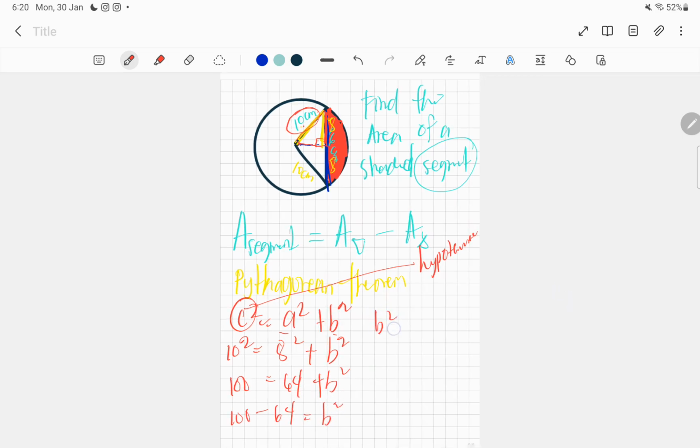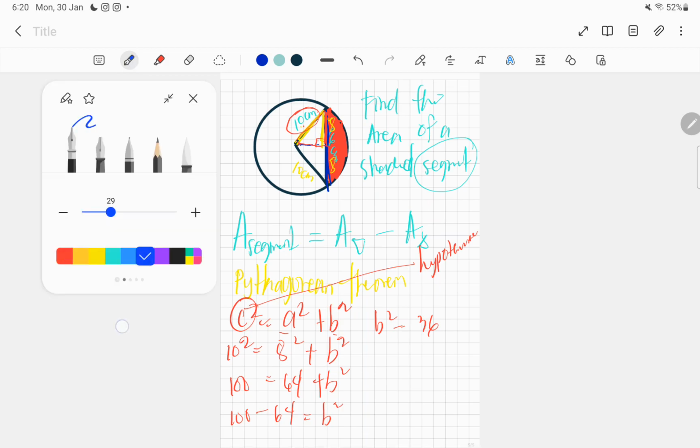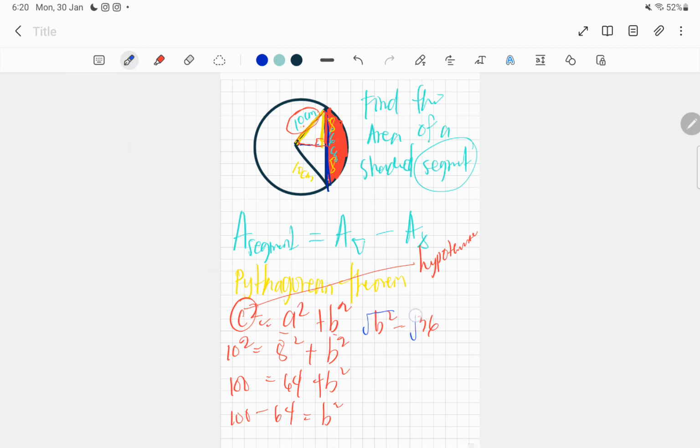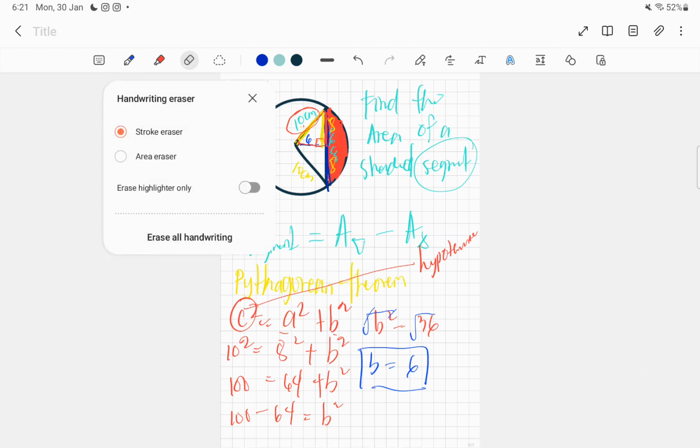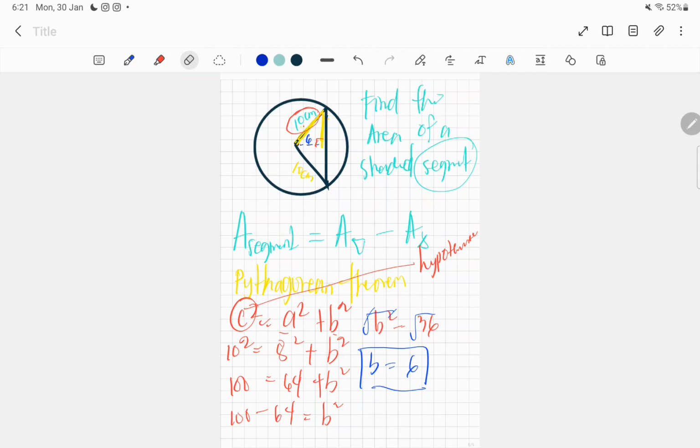Or simply, b squared is equal to 100 minus 64, that is 36. And get the square root of both sides, so you have square root of b squared. We'll now have b is equal to 6. So, ibig sabihin, yung measure ng side nyo dito is 6. Nauunawaan ba? Medyo magbura nga tayo.